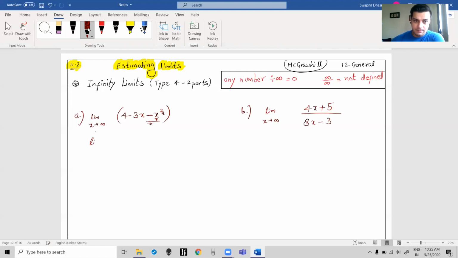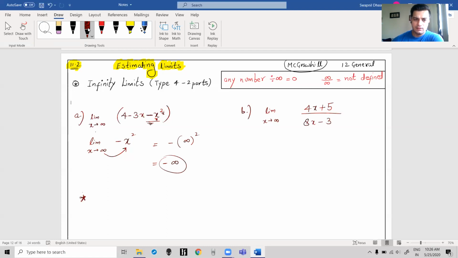Write the same limit, and then you can write minus x squared. Now just substitute this infinity over there. When you do that, you get negative outside, keep the bracket. So that is going to give you negative infinity. So when limit x goes to infinity, the function, which is y, goes to minus infinity.